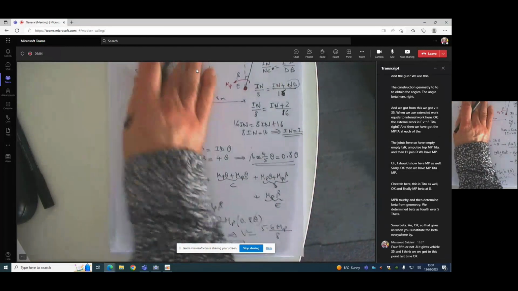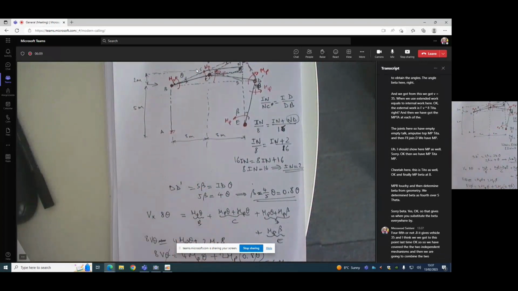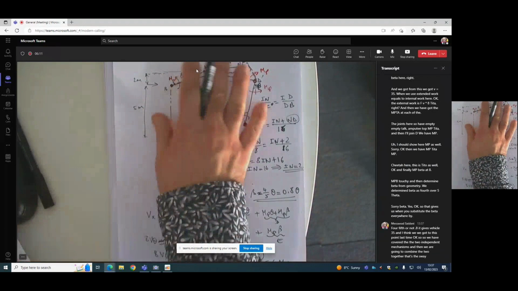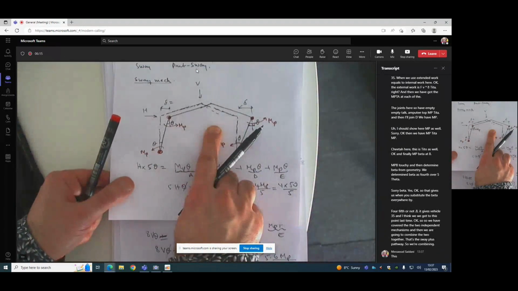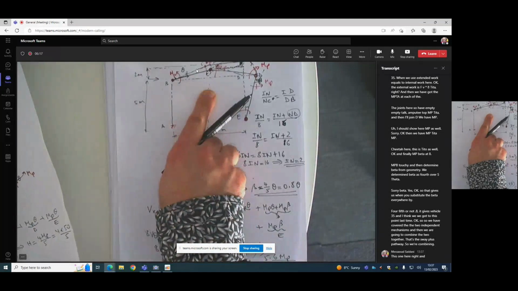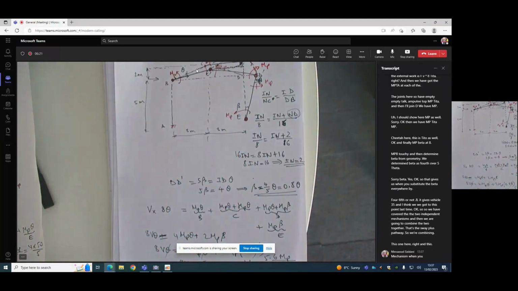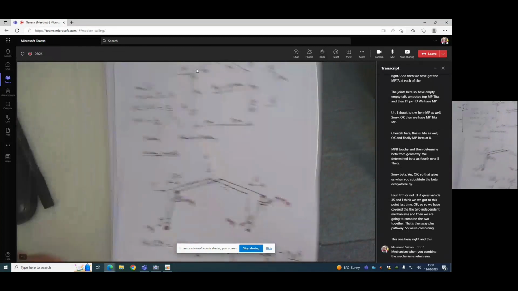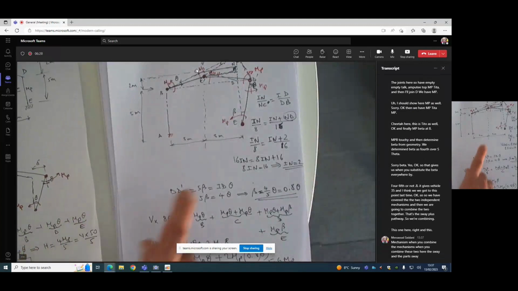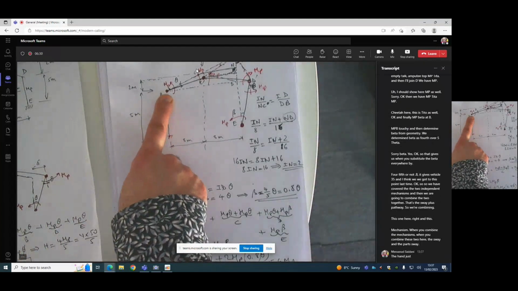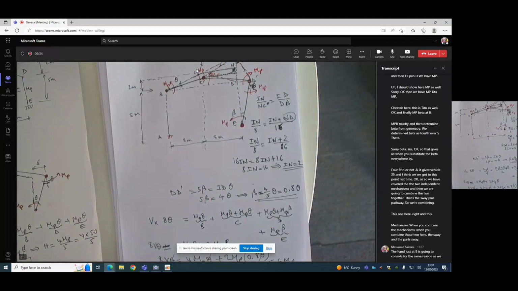So we have covered the 2 independent mechanisms, and now we are going to combine the 2 together, that's the sway plus part sway. When you combine these 2, the hinge at B is going to cancel for the same reason as we had with the rectangular frame, if you remember.